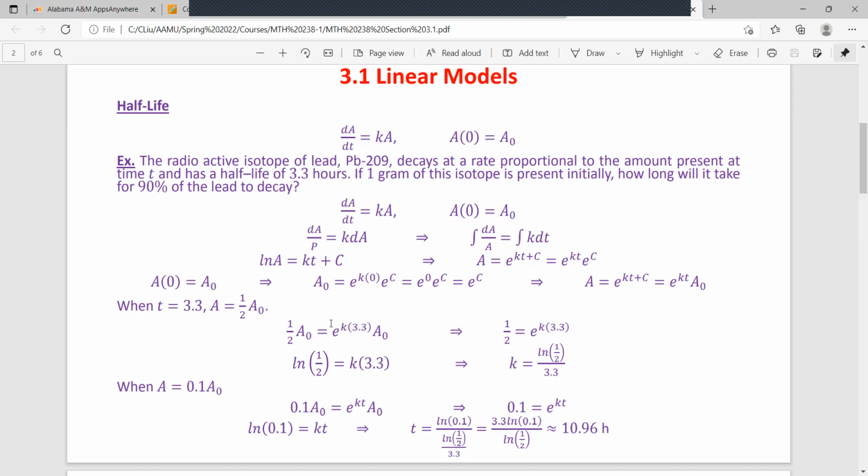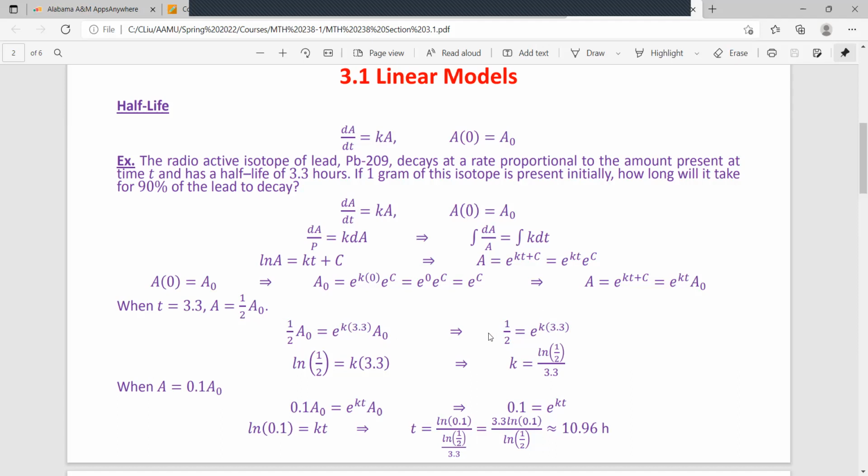If we do that, we get the equation half A0 equals e to the K times 3.3 times A0. Once again, cancel A0 on both sides. So we get half equals e to the K times 3.3. You can see we can solve for K from this equation.